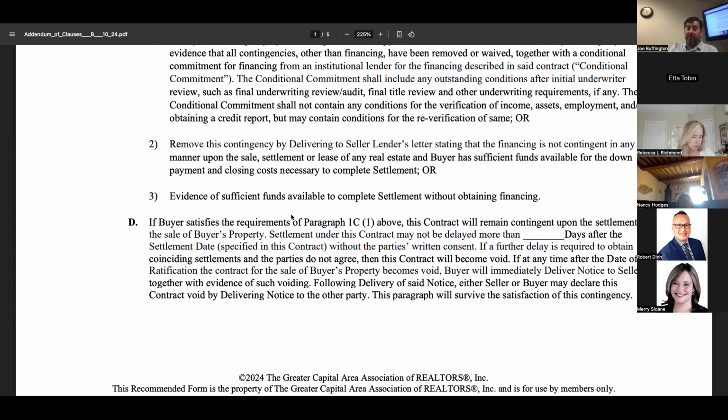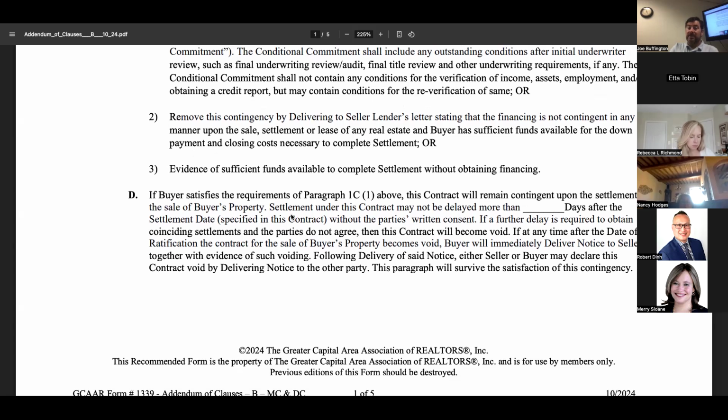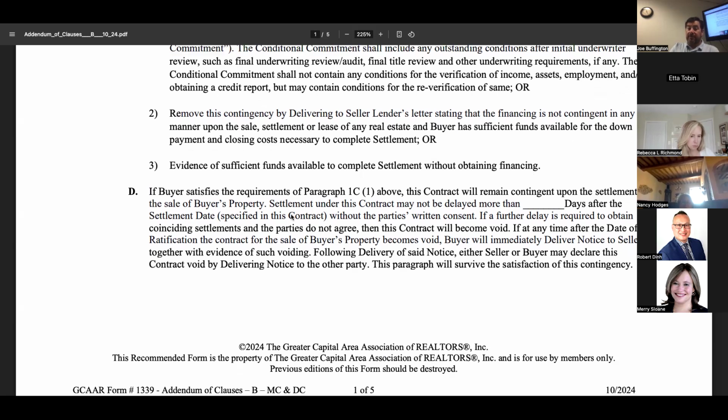Second option, the buyer may remove the contingency by delivering a lender's letter stating that the financing is not contingent in any manner on the sale, settlement or release of other real estate, and has sufficient funds available for down payment and closing costs necessary. Like Stephen pitched on our call, he did this for my clients. He's got a bridge package that's really attractive.